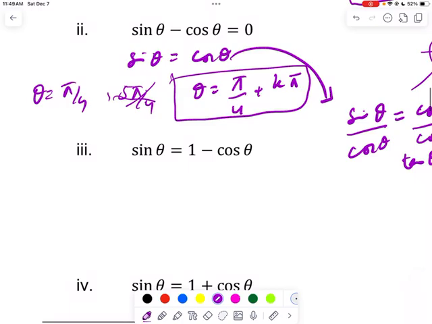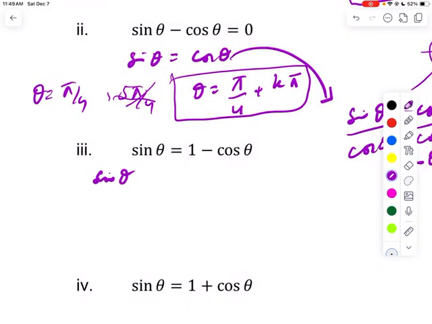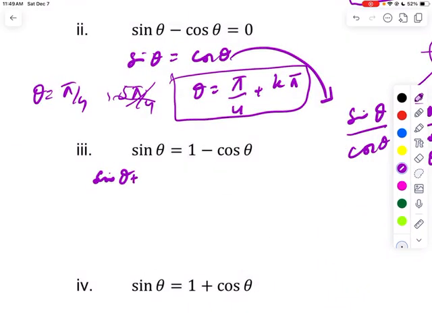So I get sine of theta plus cosine of theta is equal to 1. Now we cannot do it the way we did the first and the second, because if I divide by cosine, I'll get tangent plus 1 equal to secant, and we don't have any identity for that, or we cannot simplify that. So how do we do that?